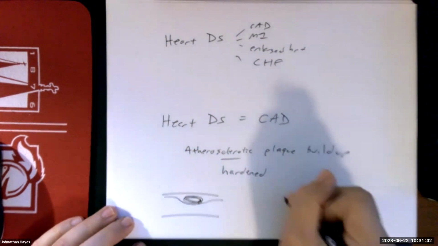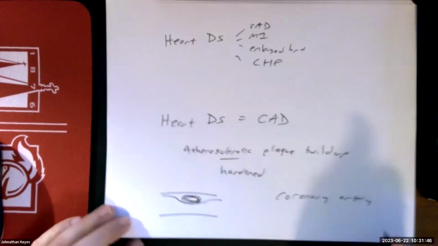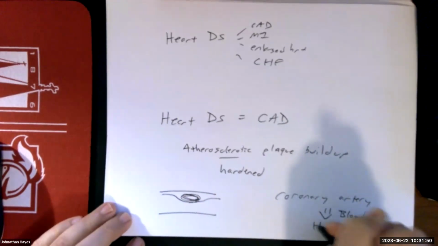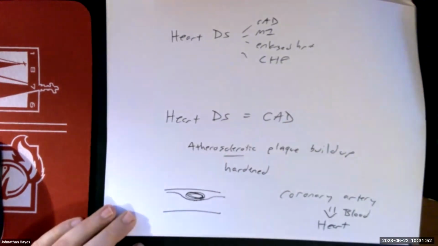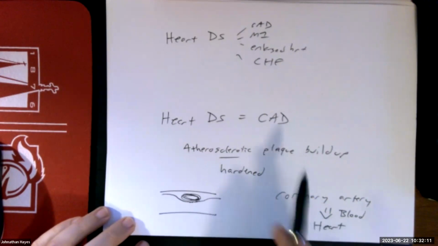So if I am a coronary artery, my job is to supply blood to the heart muscle itself, right? Coronary arteries are meant to supply blood to the heart muscle itself. If they're becoming more narrow, it's harder to do that, especially under stress, right? So if you stress the person out by making them do exercise, they'll start feeling symptoms if they're not already feeling them, right? And that's typical of somebody with coronary artery disease.